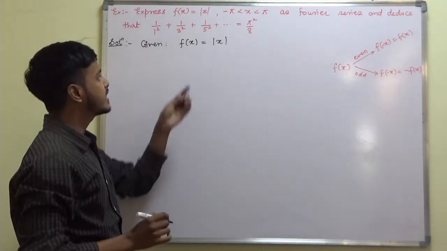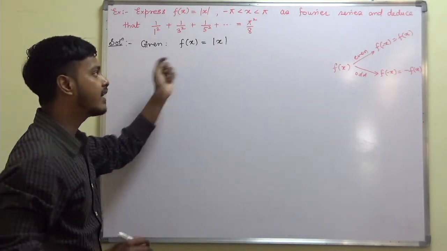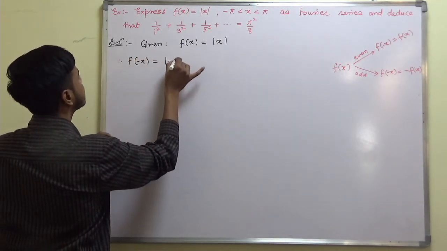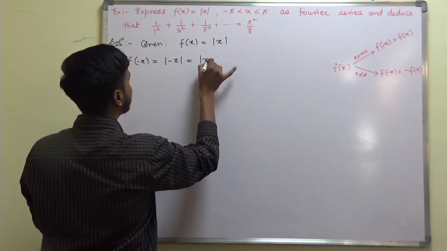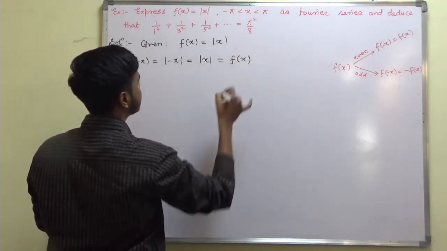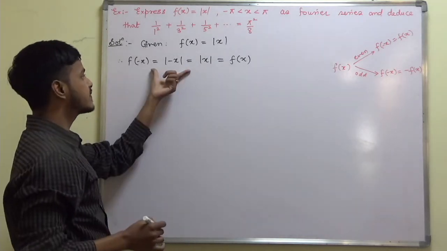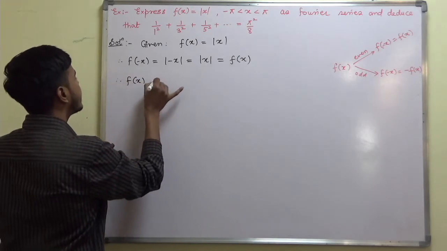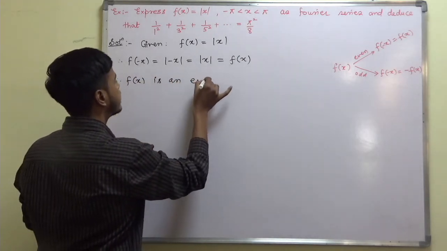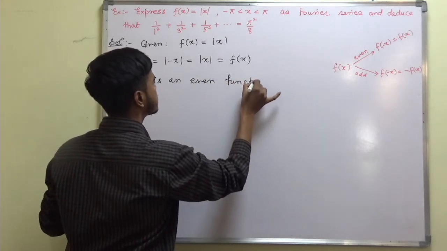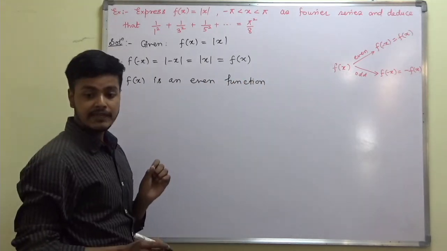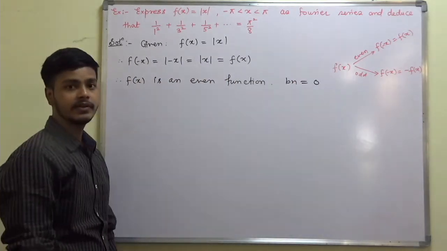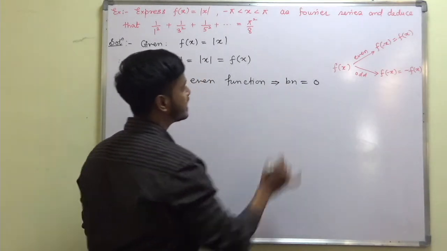You can certainly say that this function is even, because f of minus x is mod of minus x, that is mod x, which is equal to f of x. So we can say that f of x is an even function. As f of x is an even function, bn is equal to 0.